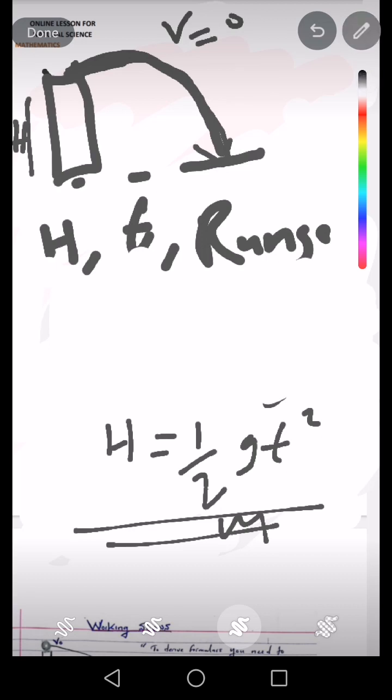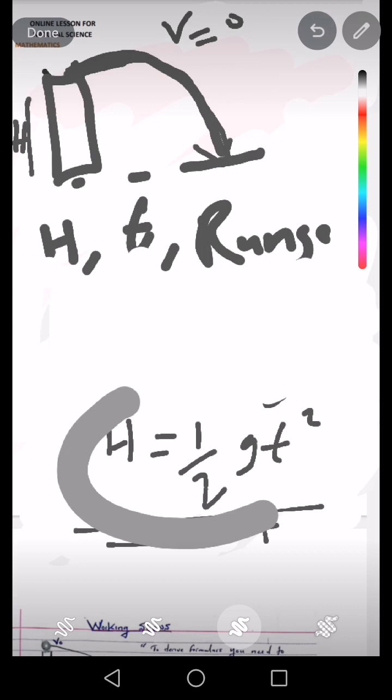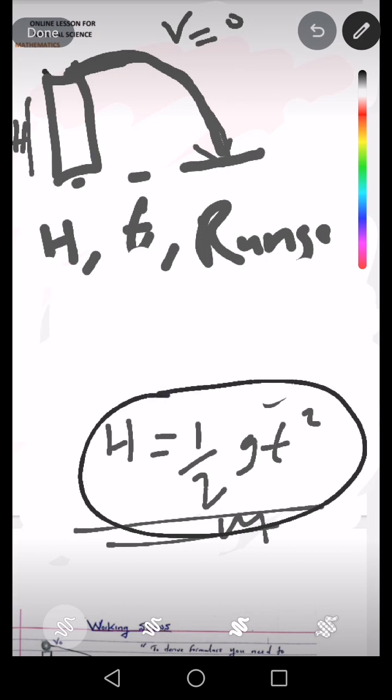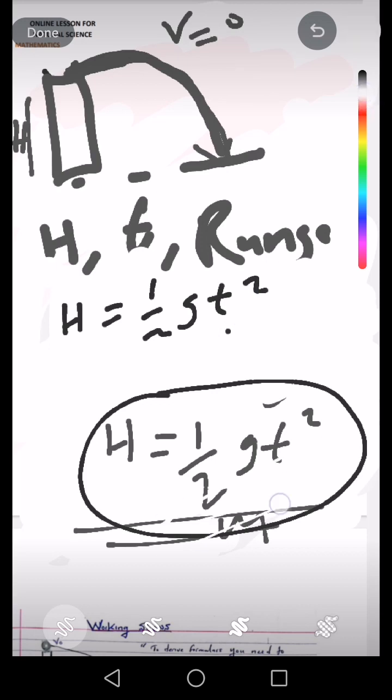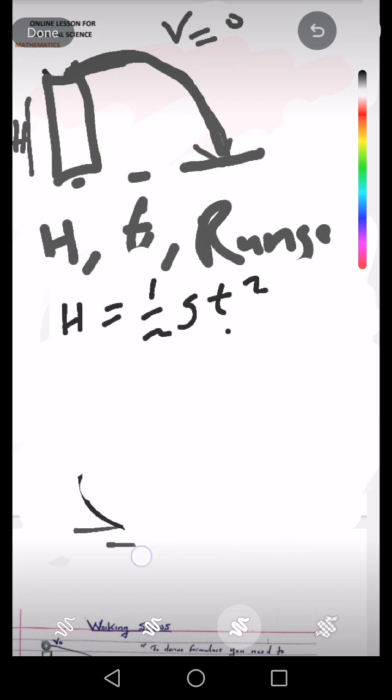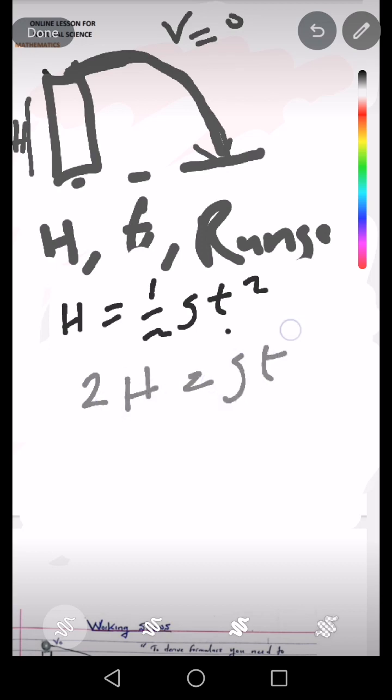We just derive it from this formula. So here it says h is equal to half g t squared. We just make time the subject of the formula. So 2h is equal to g t squared, multiplying by 2, then dividing by g.